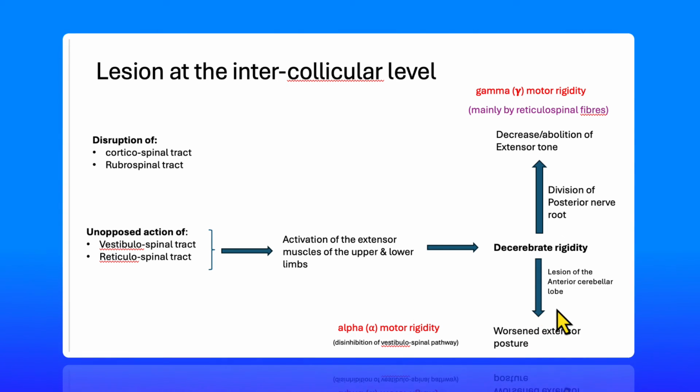And this is thought to be due to uninhibited or less inhibited overactivity of the vestibulospinal tract, because there's usually inhibition from the anterior cerebellar lobe to the vestibular nuclei, and when this is abolished, the output of the vestibulospinal tract is thought to be increased, and this causes the rigidity to worsen, and this type of decerebrate rigidity is called alpha motor rigidity or alpha motor decerebrate rigidity.